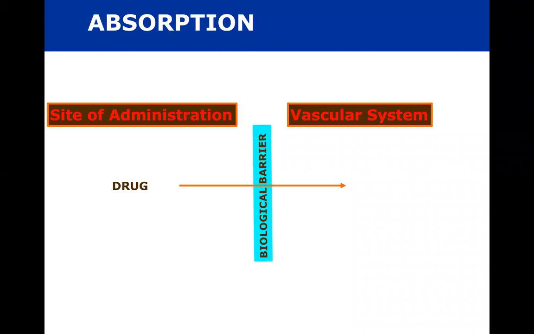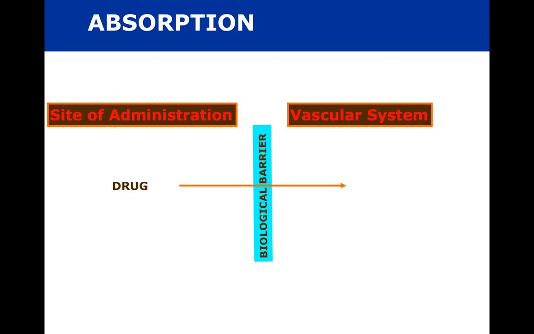And regarding the absorption, if we look at this, suppose this is the site of administration, here the drug, and this is the target to be reached, the vascular system. So there is always what is called a biological barrier. This is the biological barrier. And the biological barrier is different in number according to the route of administration.